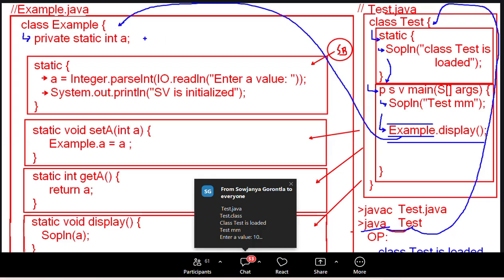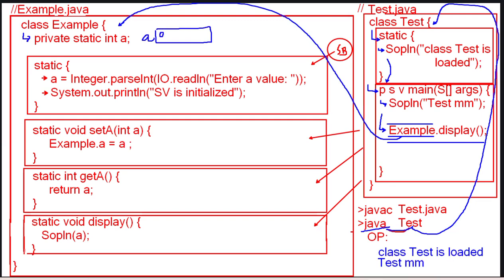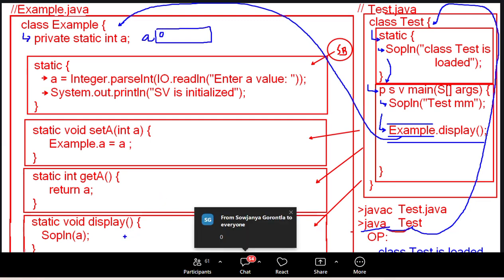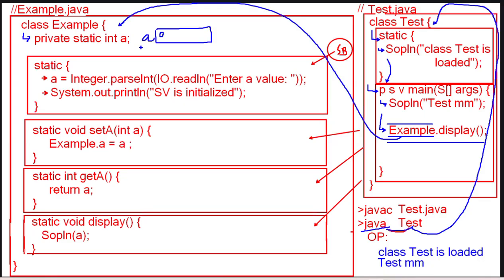Tell me, static variable memory is created with value 0. I call the display method, sir, why the variable? All the members of this class may internally access the static variable or not? Yes. So if static variable memory is not available, how can I access it? That's why, whichever member you call, static variable memory is allocated first, followed by the static block to initialize the static variable.